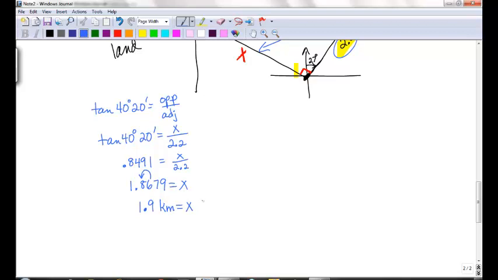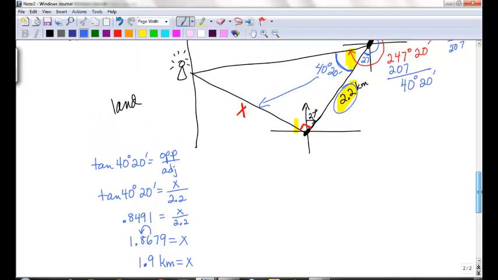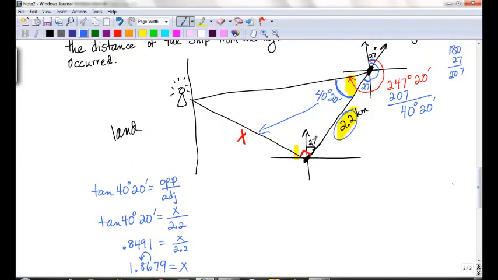Every time you move your ship or your plane, you draw a new coordinate axis. You draw them big enough. One of you said alternate interior; you could do alternate interior from here too.